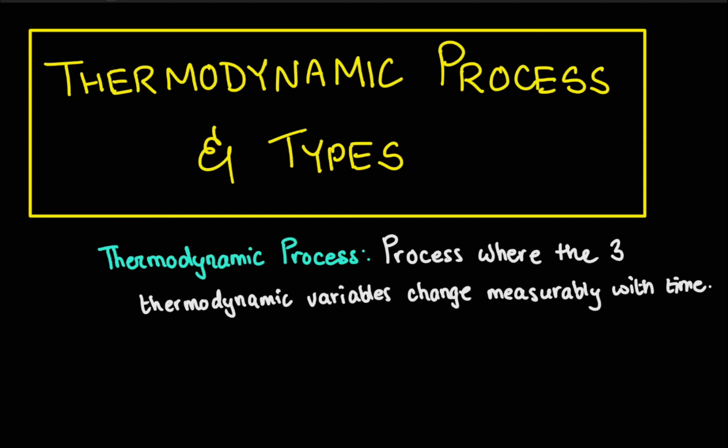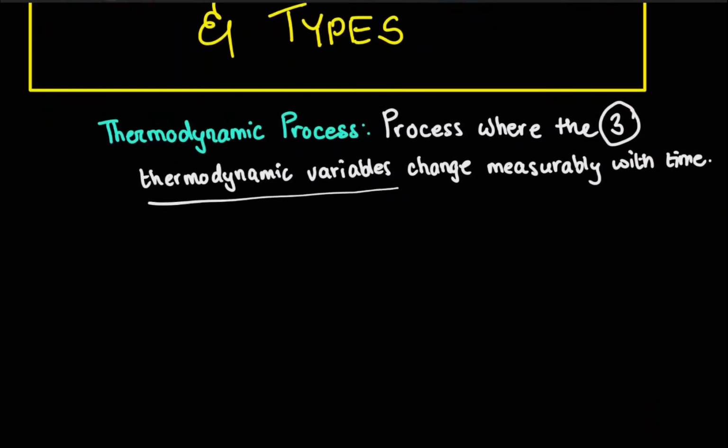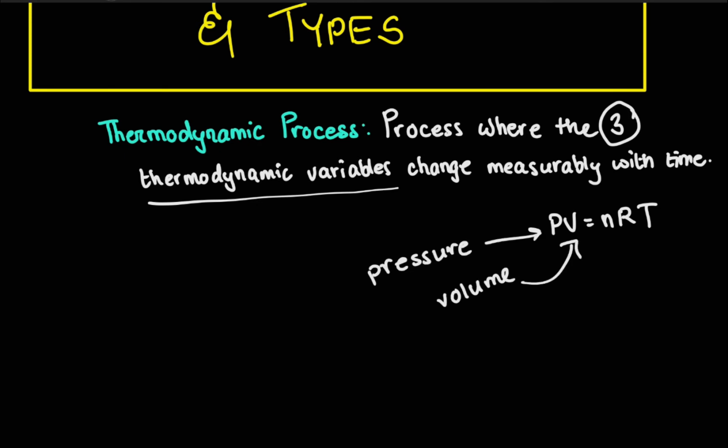So, since we are done with the concept of a thermodynamic process, we can carry on with what thermodynamic variables really are. What really are thermodynamic variables, and what are the three thermodynamic variables? The idea can be obtained from the ideal gas equation that we have learned, which is PV equals nRT, where P represents pressure, V represents volume, and T represents temperature.